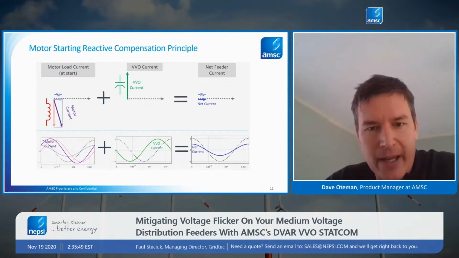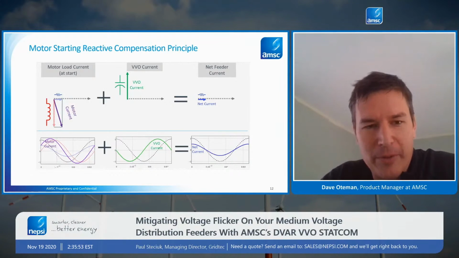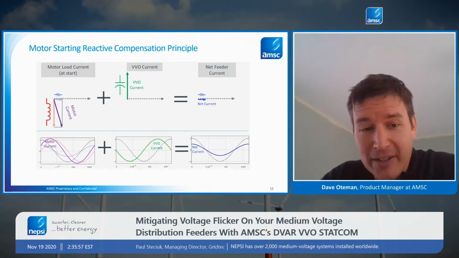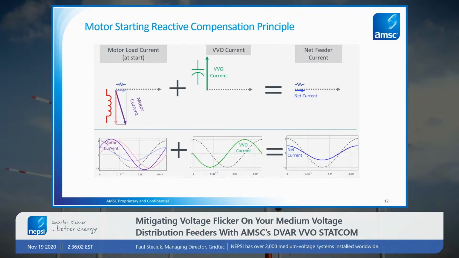So this is just an example to reinforce the principle of operation here. So we know the motor current is primarily an inductive reactive inrush. So that's the one on the left. Then what happens is the STATCOM automatically applies the reactive capacitive current to cancel that inductive inrush, so that the net current remaining is a little bit of real power required to run the motor.